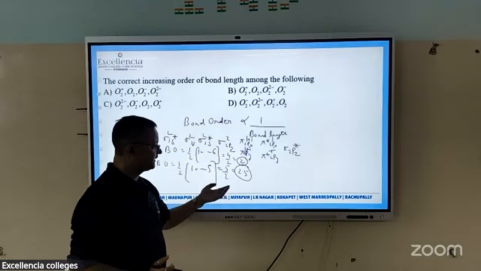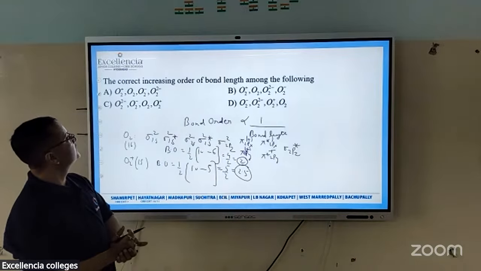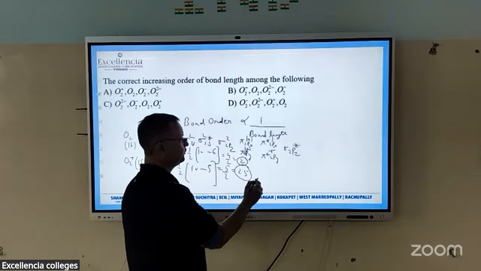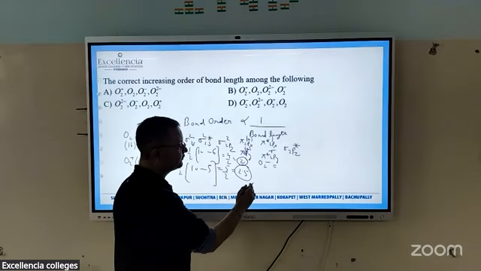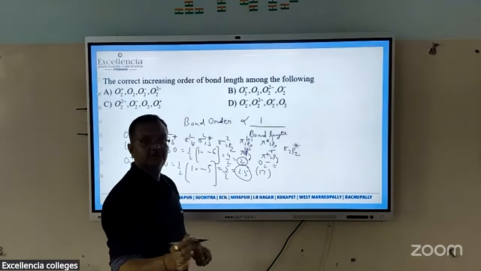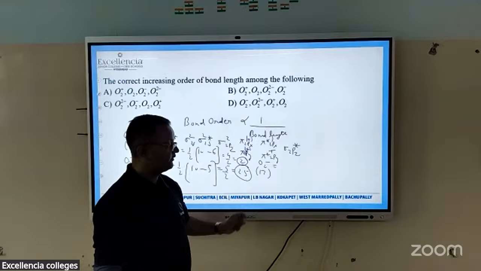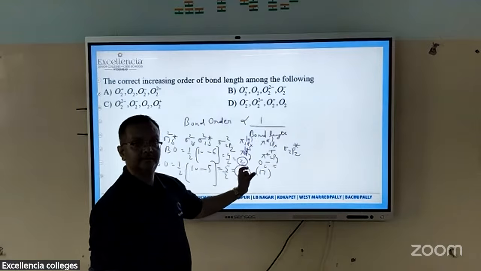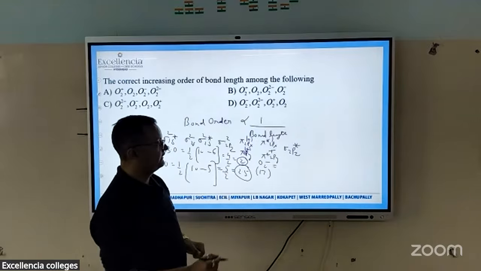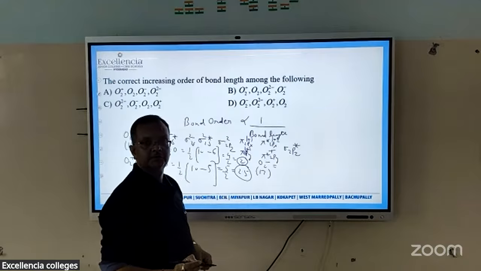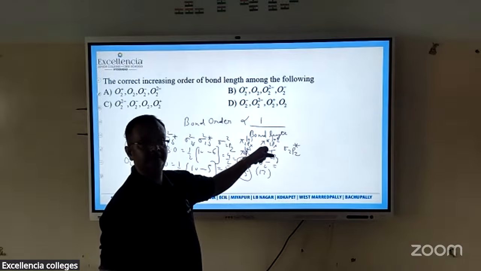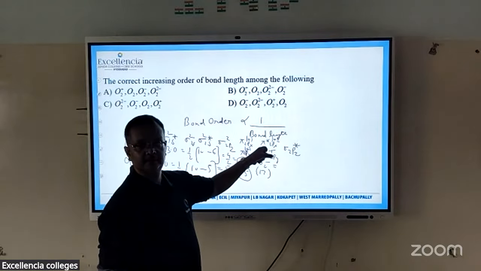So that was O2 plus. What about O2 minus? For minus, it has 17 electrons. So one electron is added, and that electron will enter where? It will come here, in the anti-bonding orbital. Now can you find the bond order?